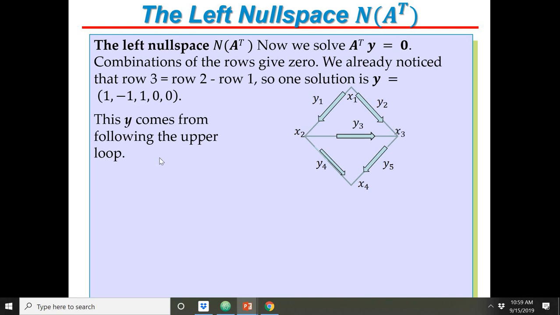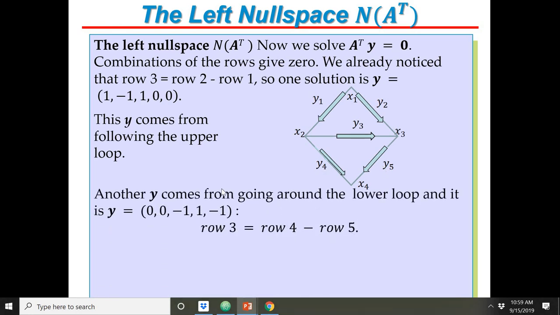Now, in that fashion, so we don't have to do any algebra, you can identify a second loop that involves y3, y5, y4, and you can see the signs here will be 1 for y3, 1 for y5, and minus 1 for y4. And you can check that this is indeed a solution to the left null space problem, and this is the dependencies between the rows that we identified earlier.